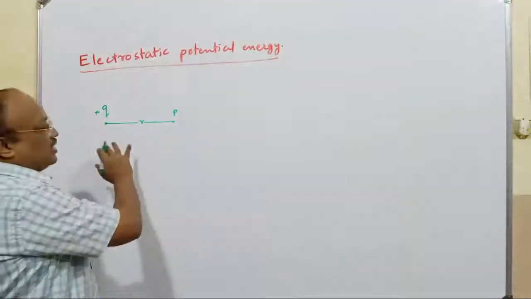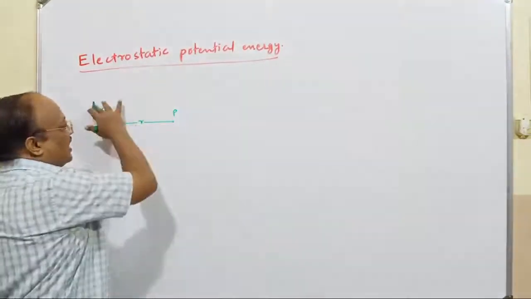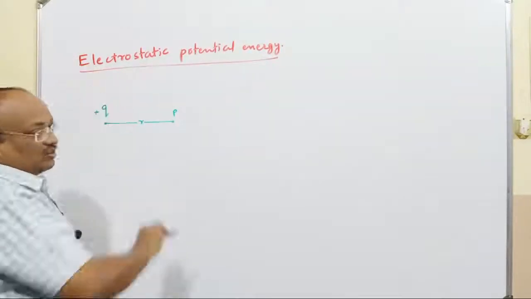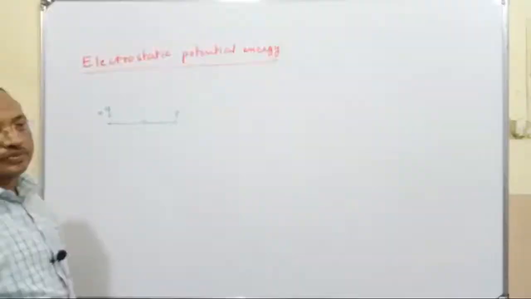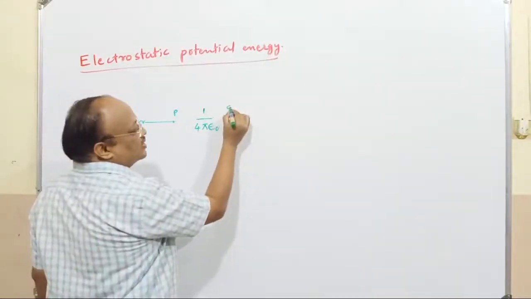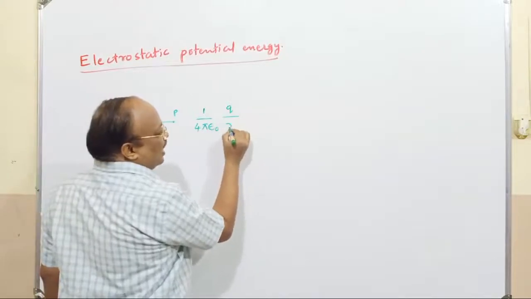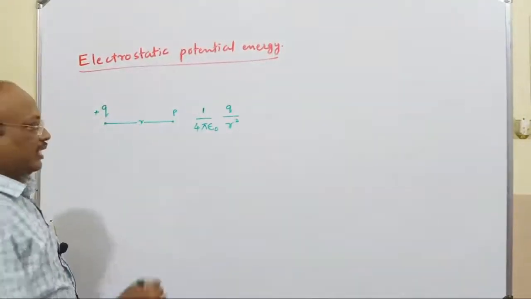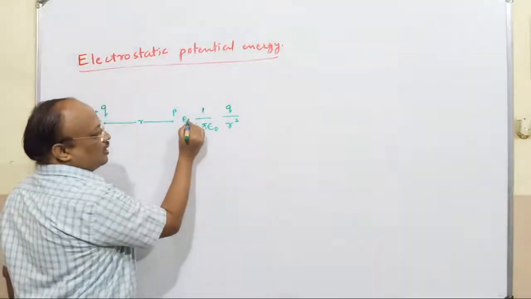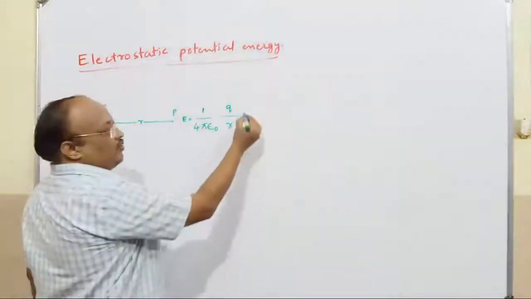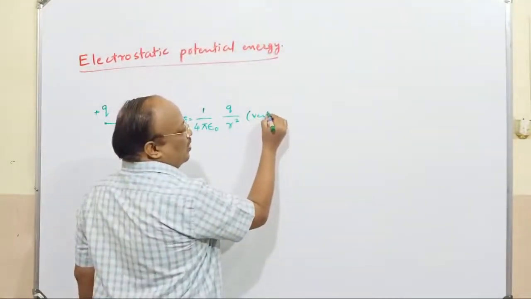If I ask what is the electric field at P because of this single charge Q, it is 1 by 4 pi epsilon naught Q by R square, which is a vector quantity.